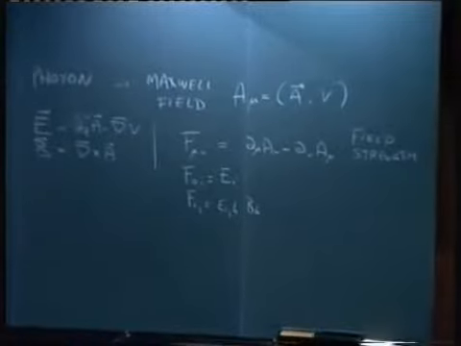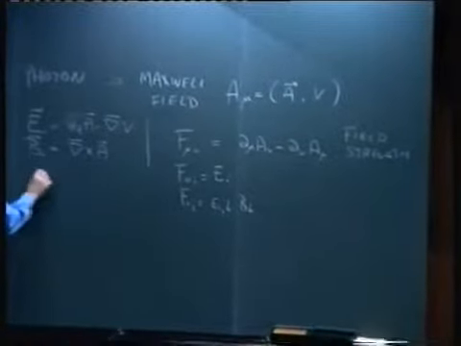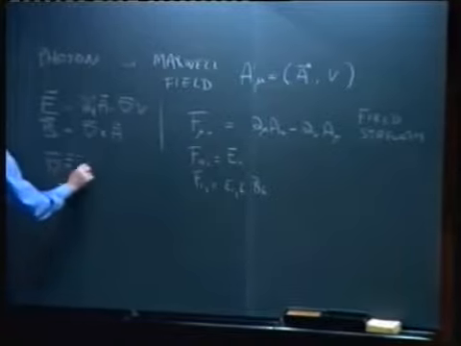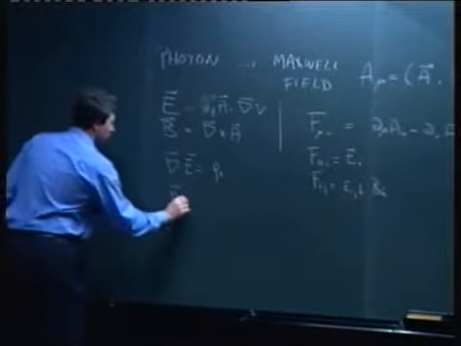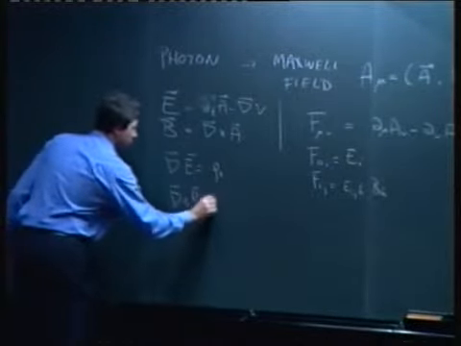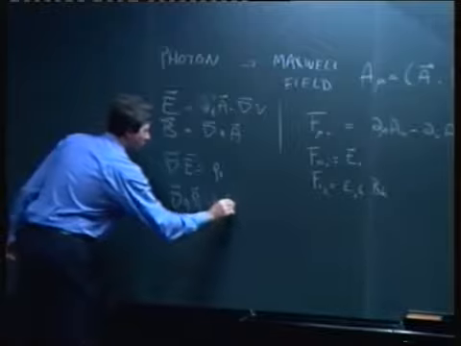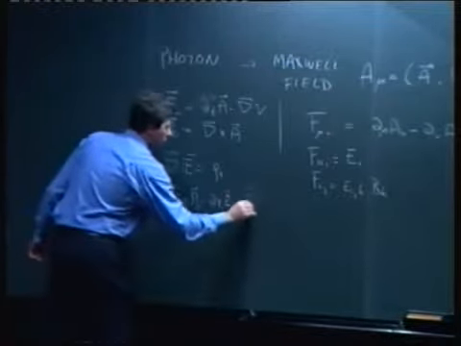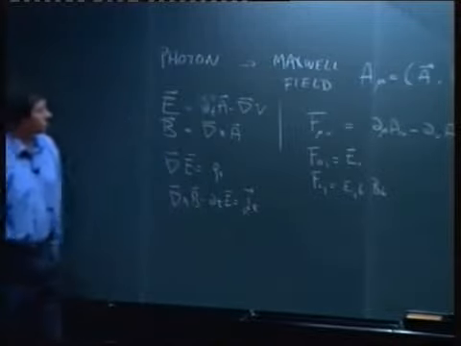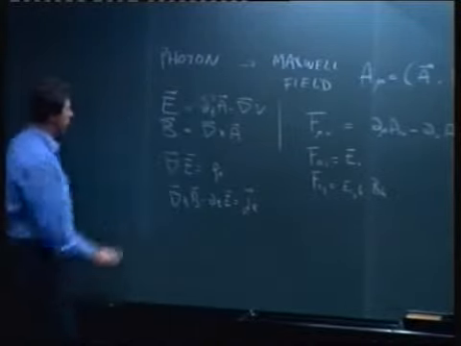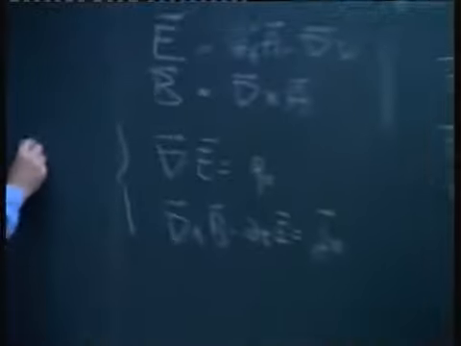And then the Maxwell equations, which give you the electric charge density and the other Maxwell equation in terms of the current. So we have a charge density and a charge current density. These are the Maxwell equations.